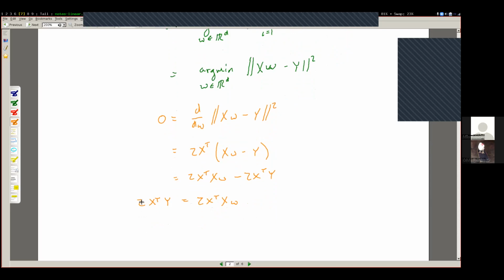Divide out those 2's, take the inverse of x transpose x, left multiplied on both sides, and we get that x transpose x inverse times x transpose y is equal to w. And so this right here is our final solution for w hat.